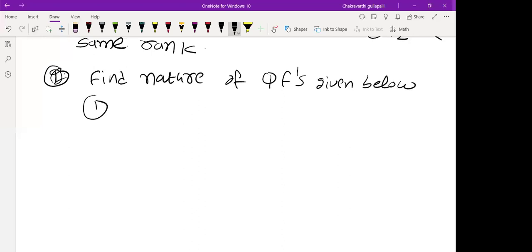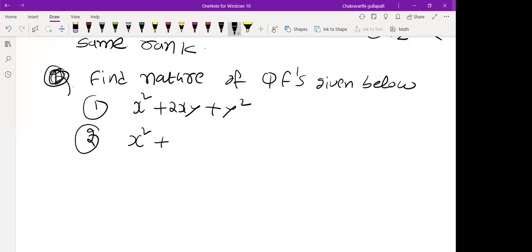First, x square plus 2xy plus y square. Second, x square plus y square plus z square plus 2xy, 2yz, 2zx.